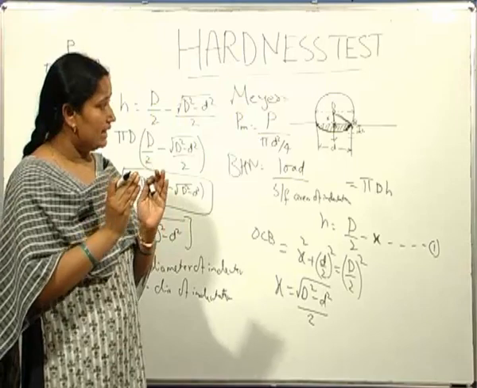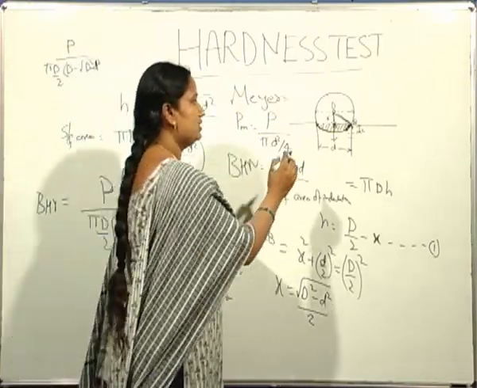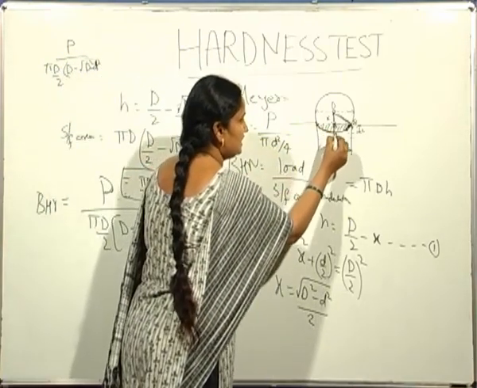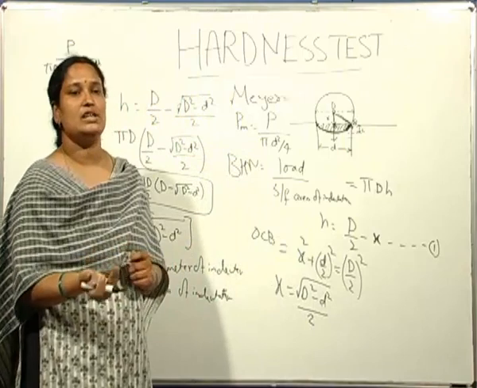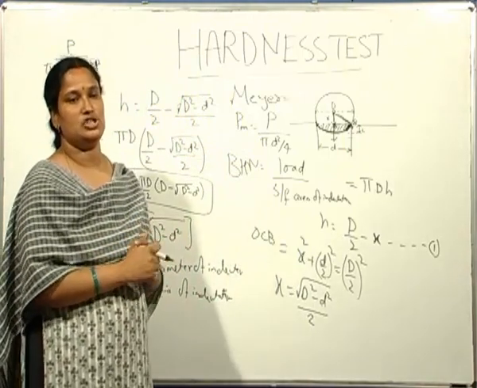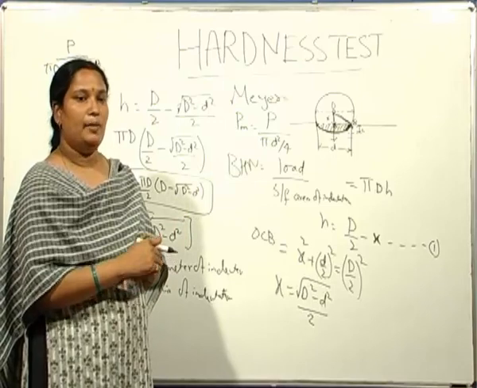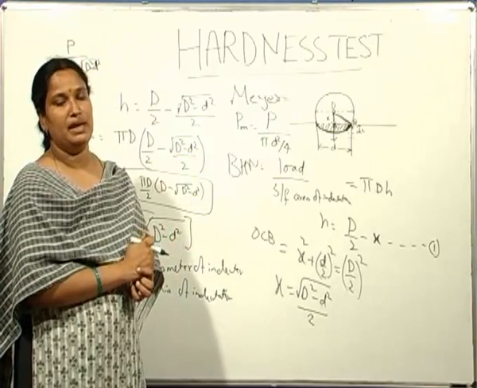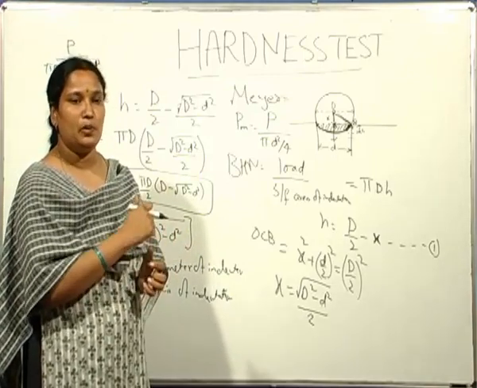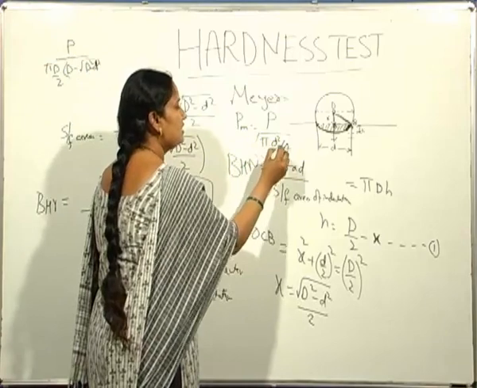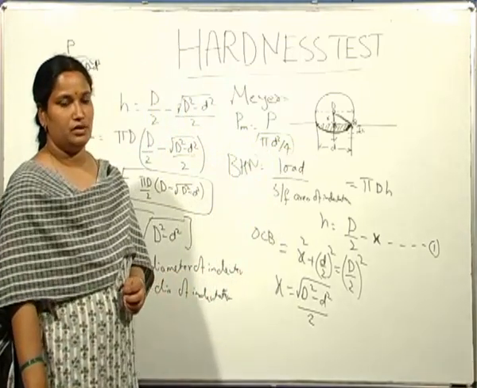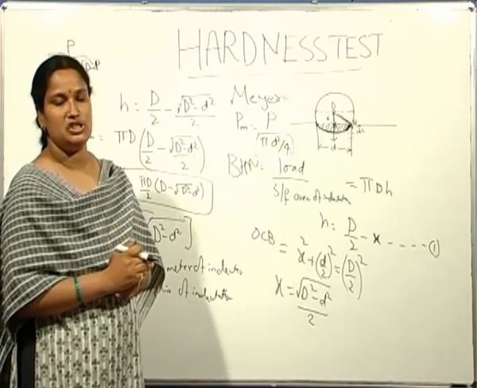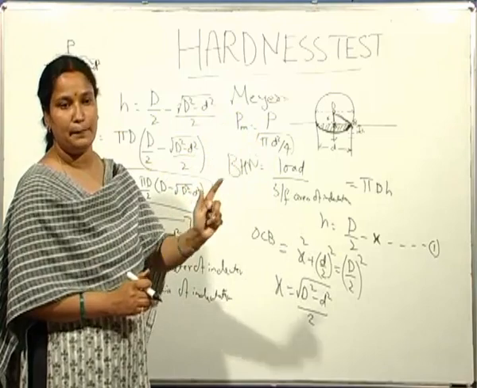So in considering the pressure, one has to take the average pressure, which the surface area of indentation does not take into consideration. Thereby a better way of defining hardness, given by Meyer, is load divided by the projected area of indentation, that is pi d square by 4, which takes into account the mean pressure between the indenter and the material.